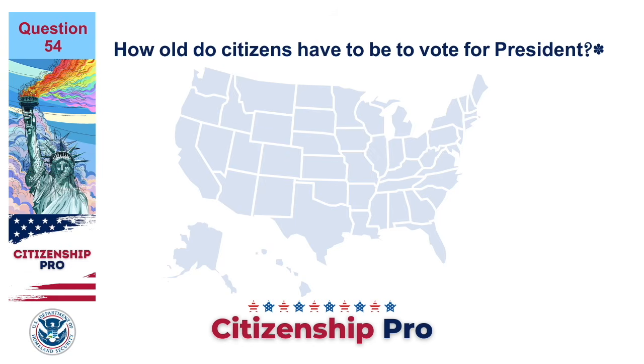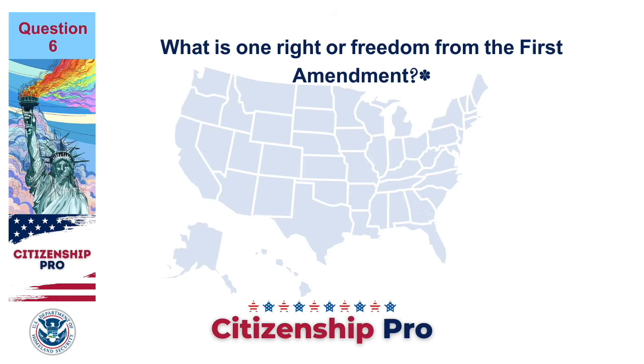How old do citizens have to be to vote for president? 18 and older. What is one right or freedom from the First Amendment? Speech.